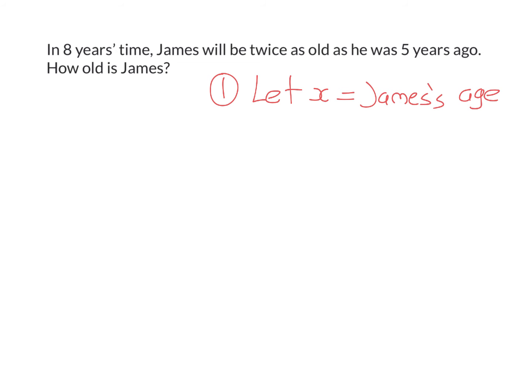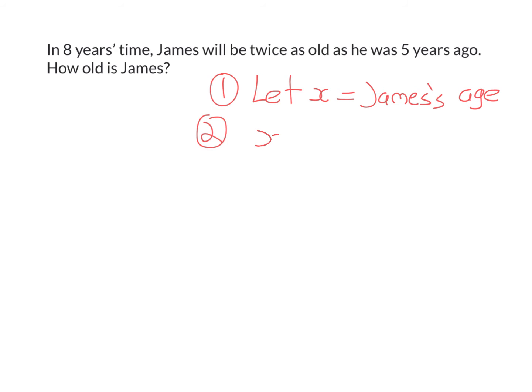So the second step is to turn the worded information into an equation. Rewrite it using only mathematical symbols. So this is not easy to do in this question, which is why I chose it. But let's try and write 8 years' time. So if James is x, how do we write his age in 8 years' time?